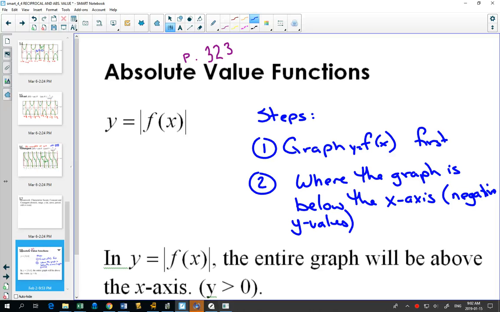Makes them positive. So wherever the graph is below the x-axis, your y values are negative. What you're going to do is make them positive, and you do that by flipping it over the x-axis. What happens then is the entire graph becomes above the x-axis, making all of your y values positive.